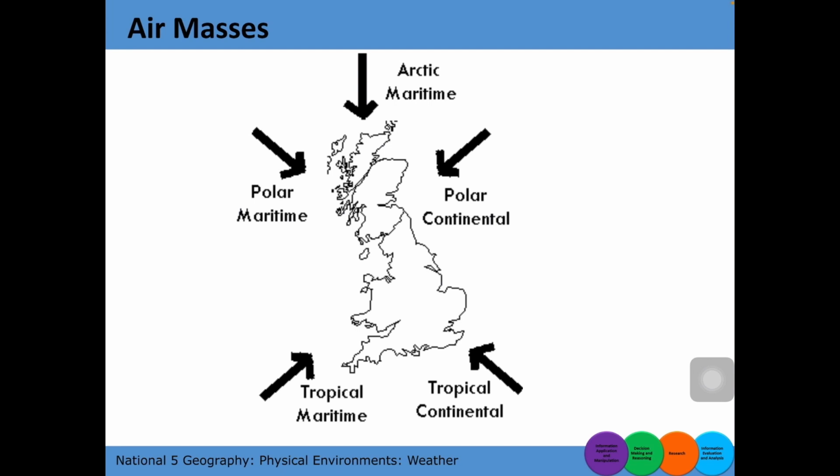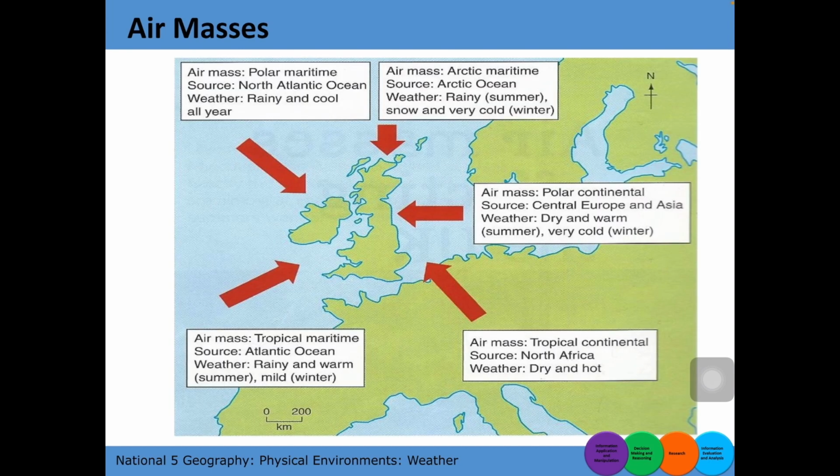So we could expect rain, snow, and sleet. Continental air masses are usually much drier. For temperature, we can think of tropical areas being warmer, polar areas being cooler, and Arctic regions being cold. Now, when we put that information together, you have a diagram that looks something like this.